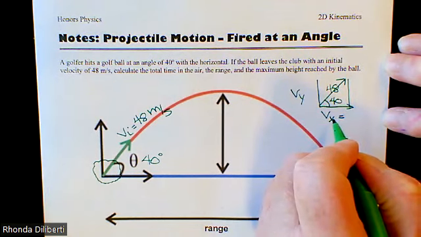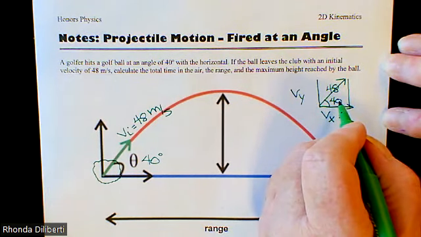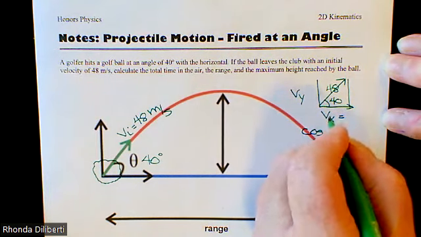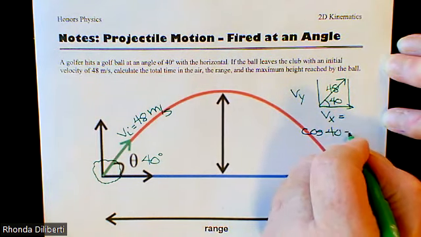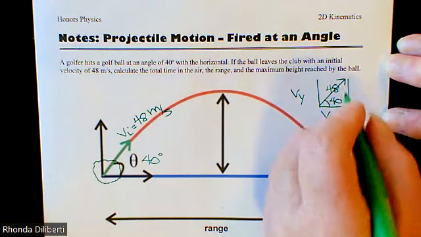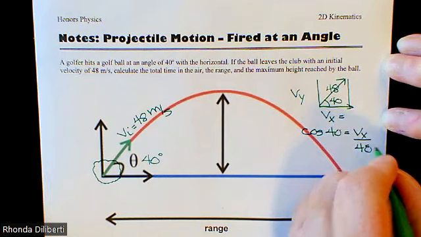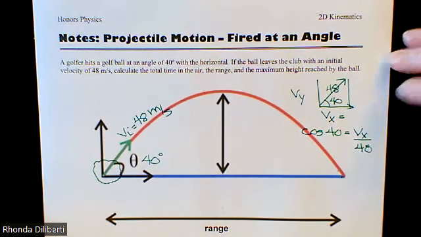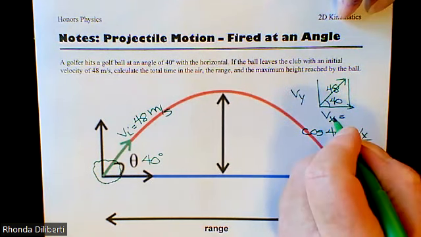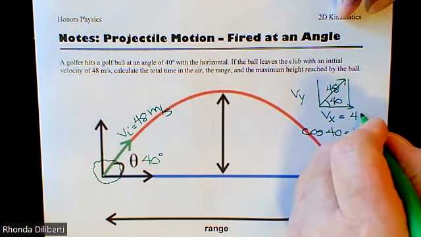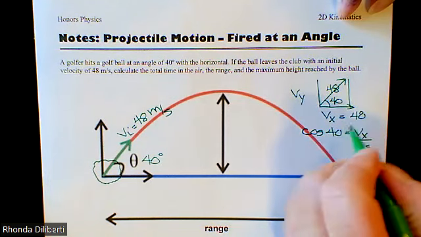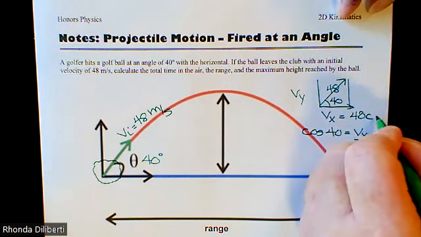So let's look at the Vx. That is adjacent to the 40, so cosine of 40 would be Vx over the hypotenuse, which is 48. Just like when we did component method problems, Vx will always turn out to be the vector, 48, times cosine of the angle.